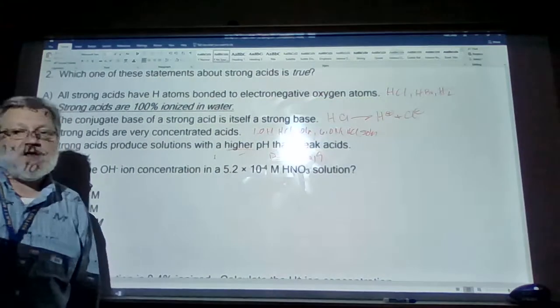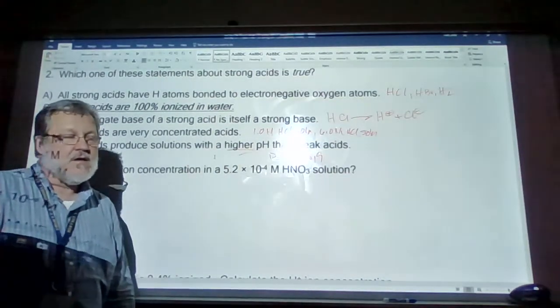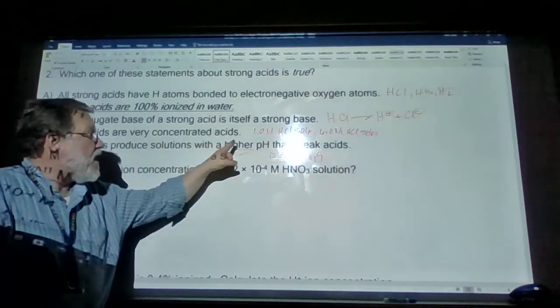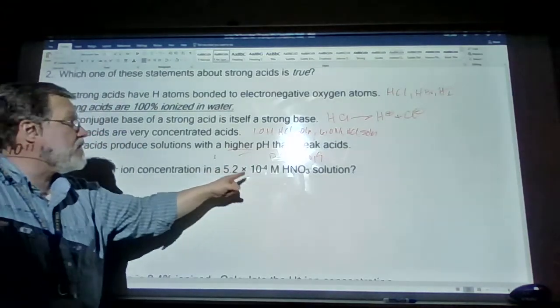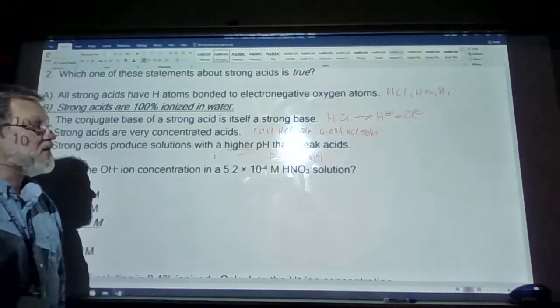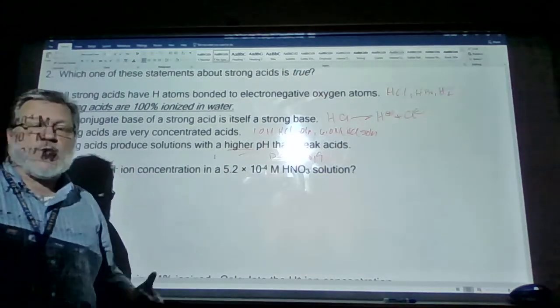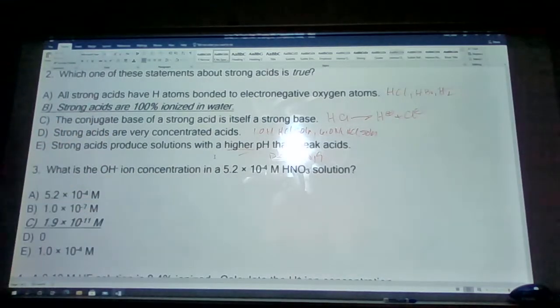Larger numerical values for pH mean the solutions are basic. Strong acids do not produce solutions with higher numerical pH values. Weak acids have pHs of maybe 3, 4, 5. Strong acids all have a pH below 1. So the correct answer here is that strong acids are ionized 100% in water.